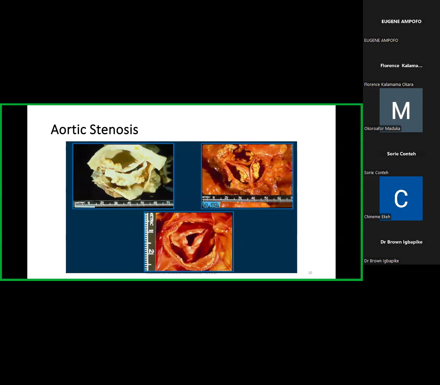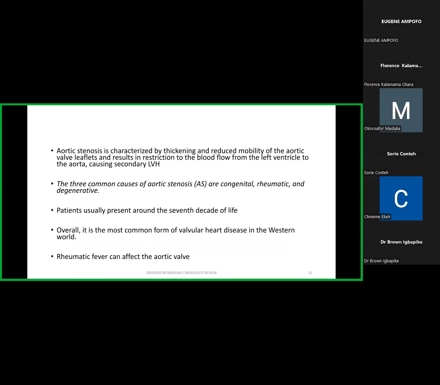The one inferiorly is rheumatic in appearance, while the one on my right side is degenerative, which you find more in elderly people. The aortic valve is characterized by thickening and reduced opening, which results in restriction of blood flow from the left ventricle to the aorta, causing secondary left ventricular hypertrophy.